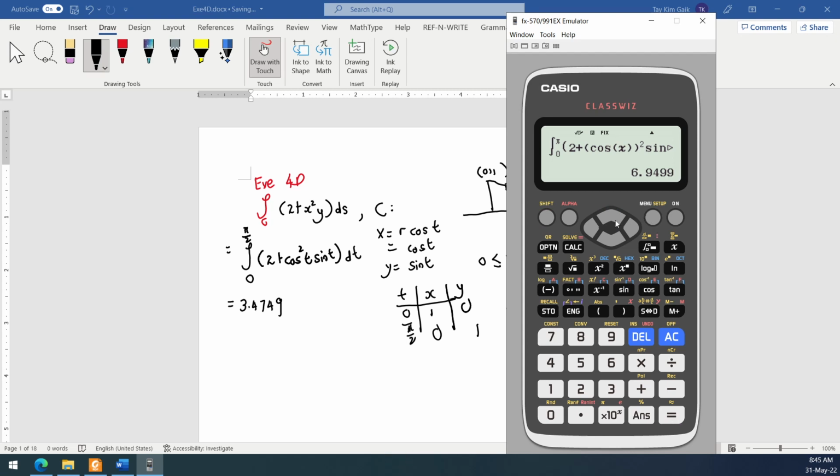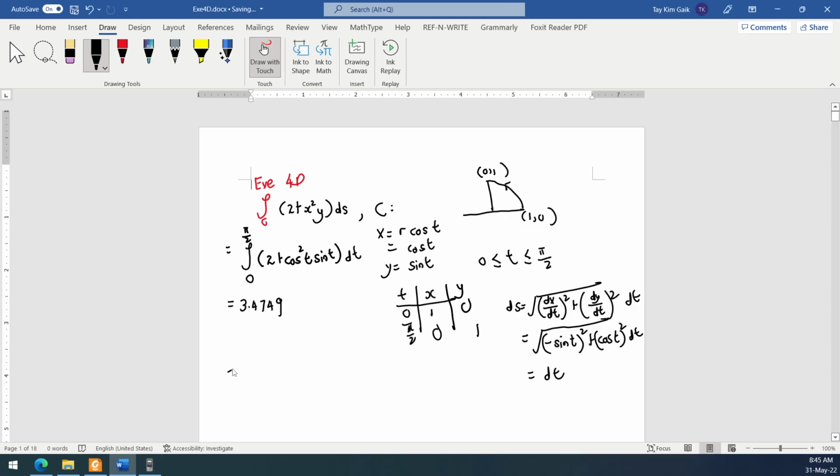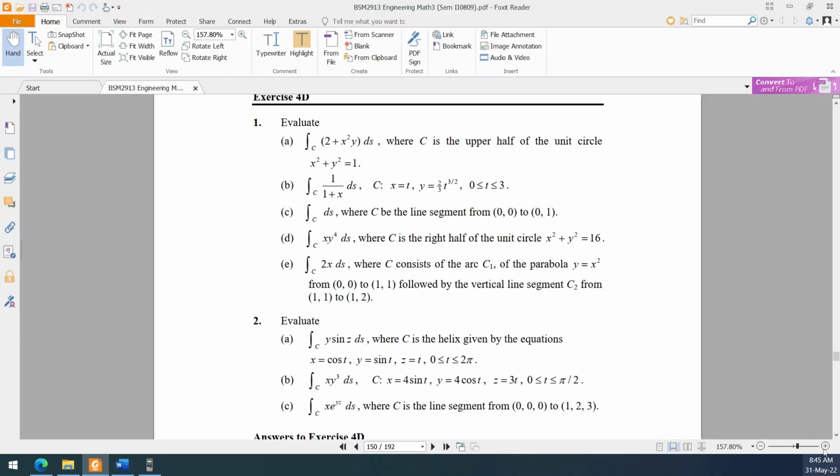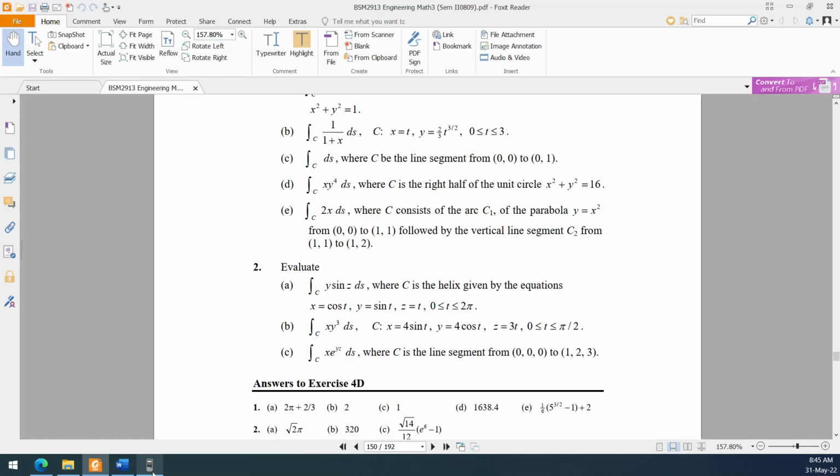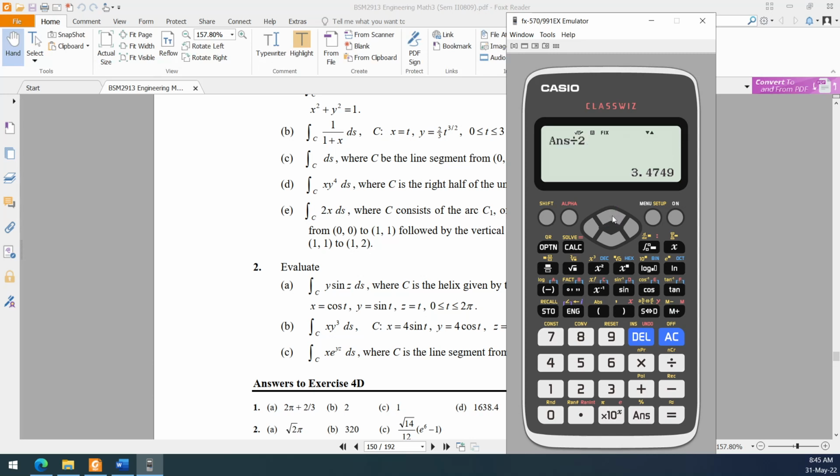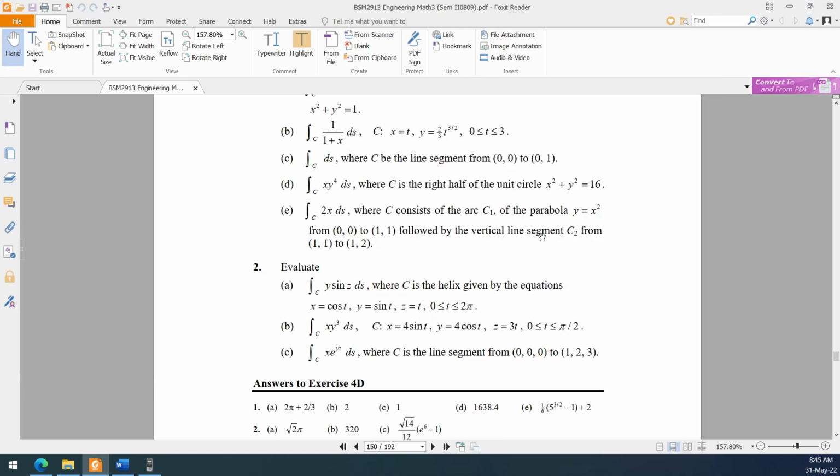The answer, let's say integrating 0 to pi, is 6.9499. Check this answer. It is 6.9499. I think, let me see.